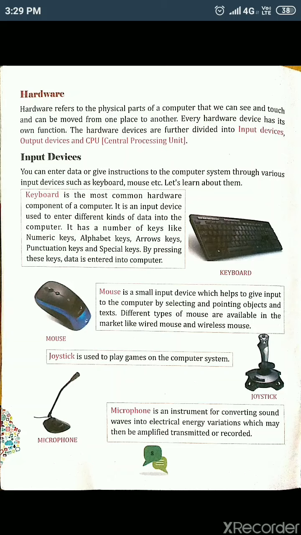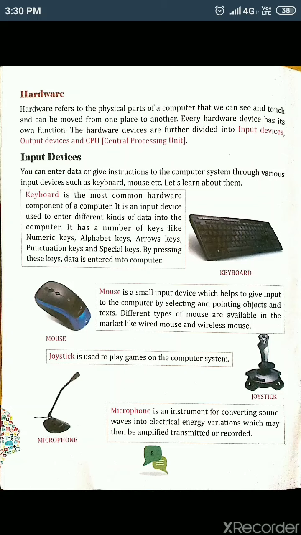Number keys to type the numbers 0 to 9. Alphabet keys to type the letters A to Z. Arrow keys, these are four, and they are used to move up, down, left and right. Punctuation keys are used to type different symbols like plus, minus, at the rate. Next, special keys.